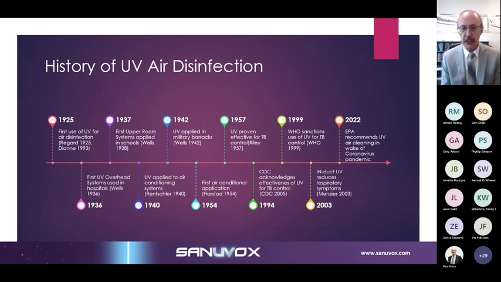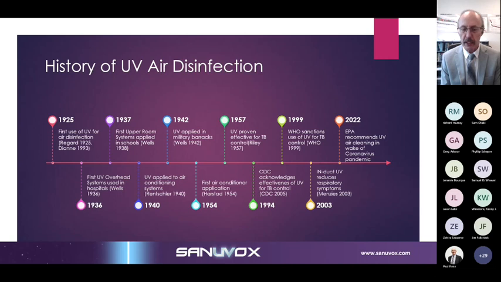The first application of upper room systems for disinfecting air was 1937, thanks to Dr. Wells. Rentschler applied systems to an air conditioning system to disinfect air. And shortly thereafter, UV in the form of upper and lower room systems were applied in 1942 in a military barracks.